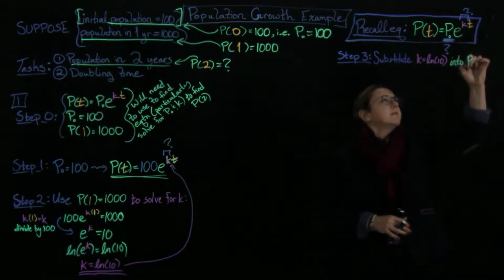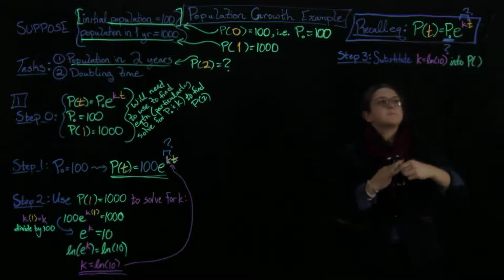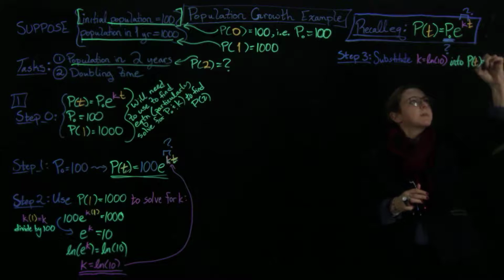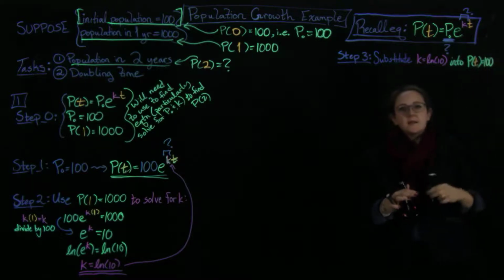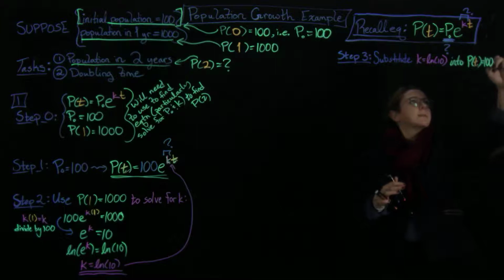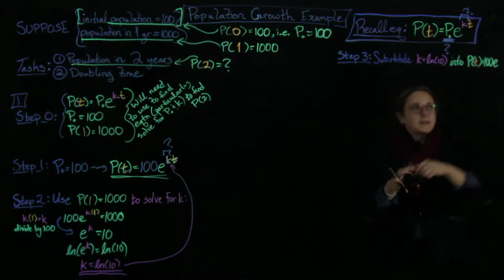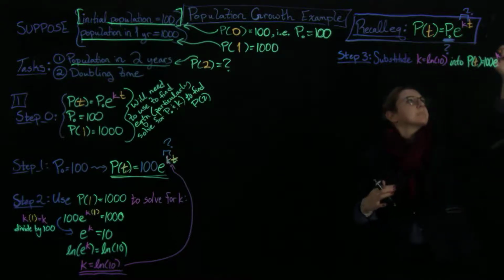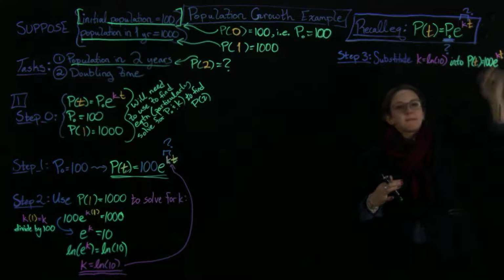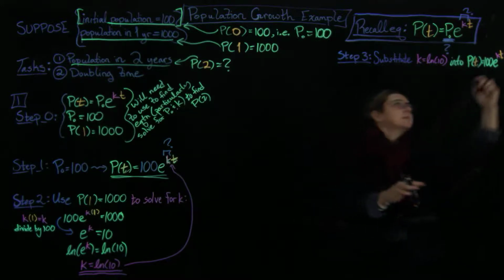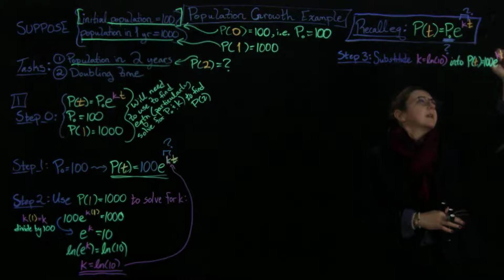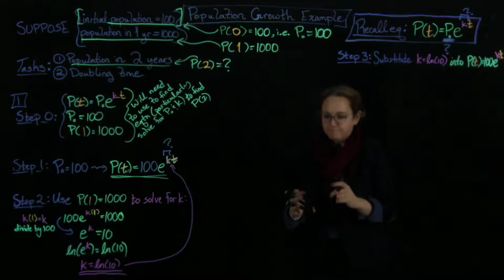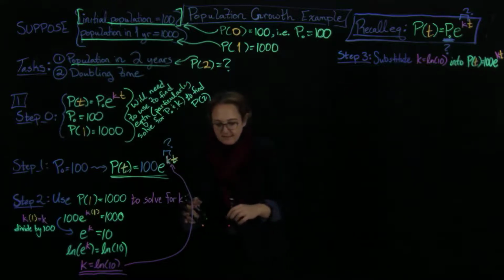So I have P of t equals 100 e to the, and this is where that k is, and we have a t up there. It might be a little difficult to see, so I'll make it bigger. This is a k, and that's a t. So P of t equals 100 e to the kt. We just want to substitute that in.